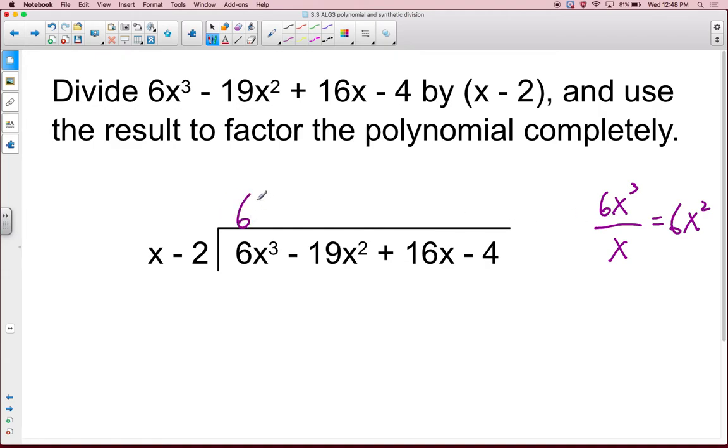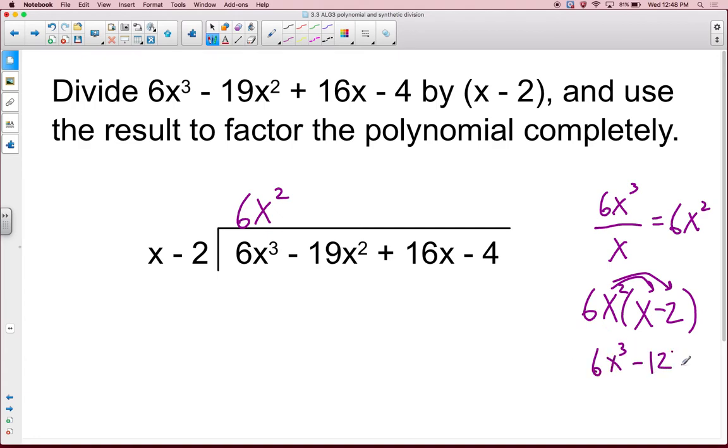I'm going to put that to start our quotient. Our next step is to multiply your 6x squared times x minus 2. We multiply this in here. We get a 6x cubed minus 12x squared. I'm going to put this underneath here.